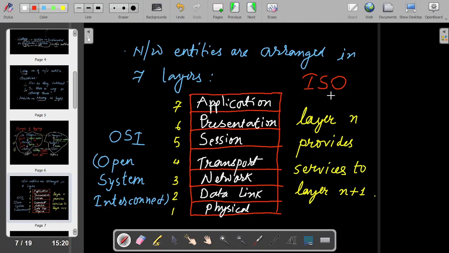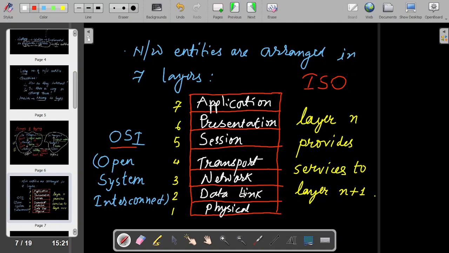ISO has suggested this reference model, which is known as OSI reference model, Open System Interconnection. It means that the entities present in the network can be divided into 7 layers and each layer performs certain functions. So each layer is a set of related entities. So layering is nothing but grouping the related entities together.